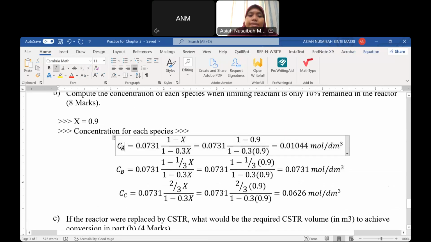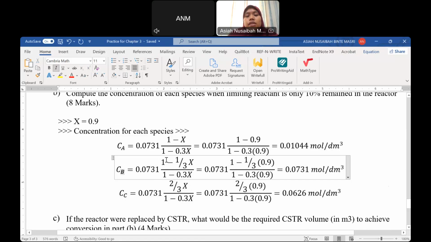First, we do for A. Ca from the equation is equal to 0.0731 times 1 minus X over 1 minus 0.3 X. Put the 0.9 into X, we got Ca is equal to 0.01044 mole per decimeter cube. Ensure that you write the correct unit. Then we have Cb, based on the equation, equal to 0.0731 times 1 minus 1 per 3 x over 1 minus 0.3x.